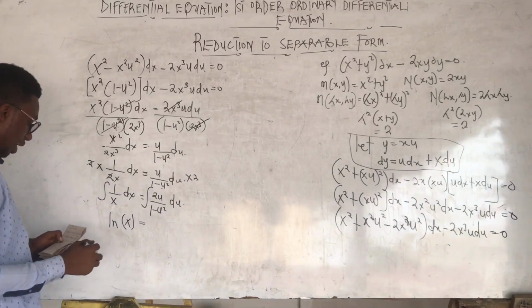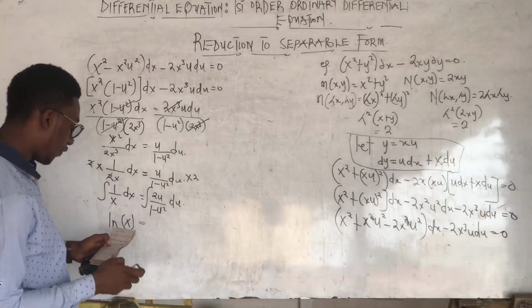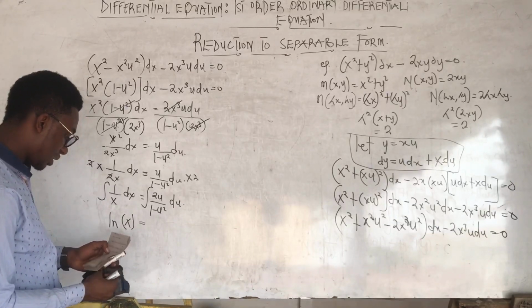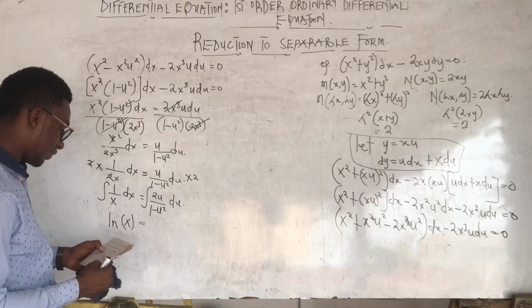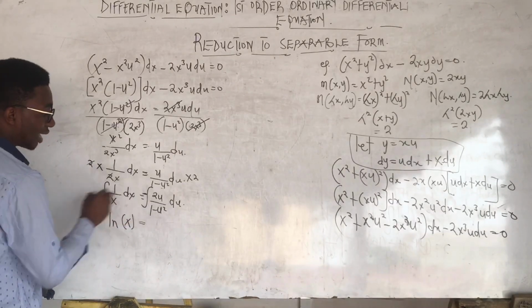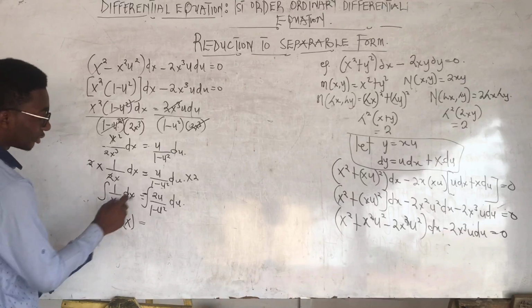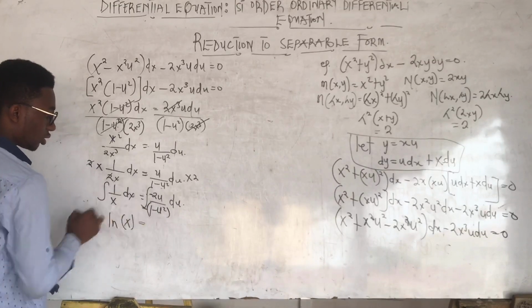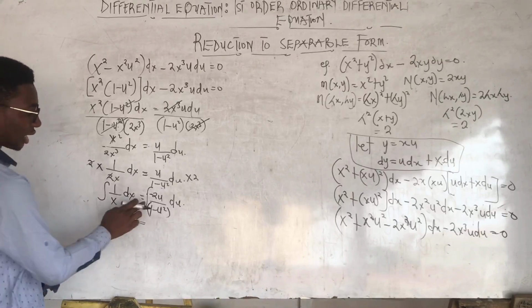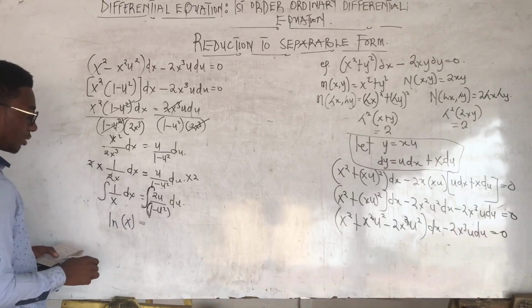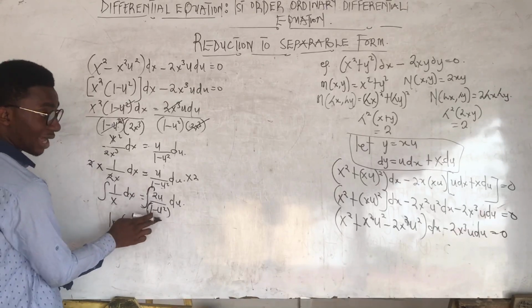So now you can decide to introduce a negative value over there. When you introduce the negative value over there, then it affects it. So when you do that, what you'll be getting is 2u over that.